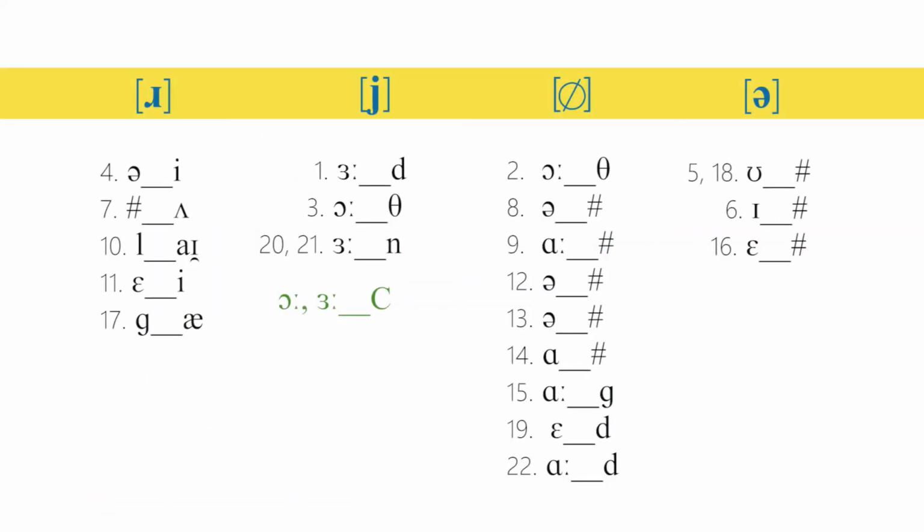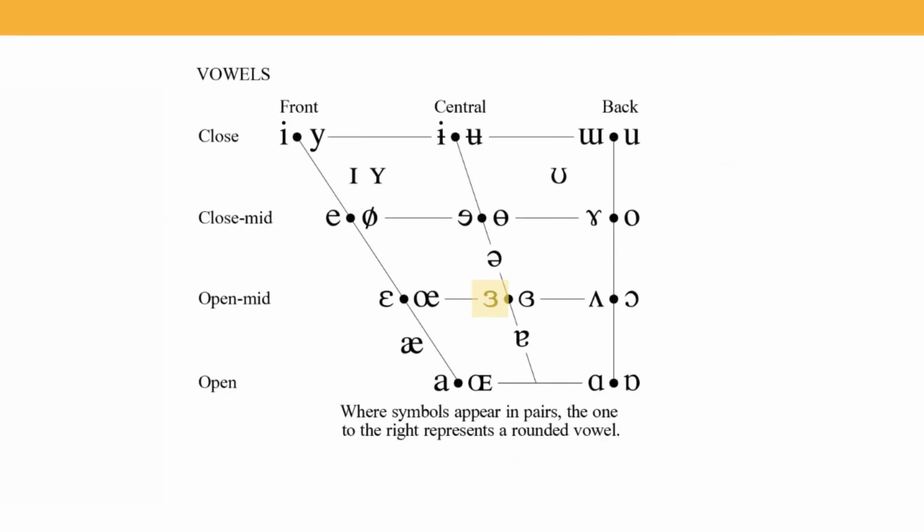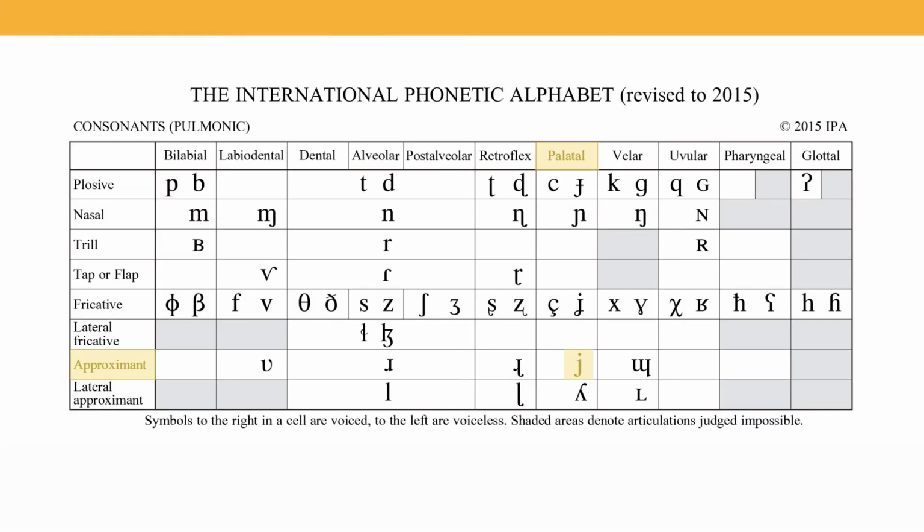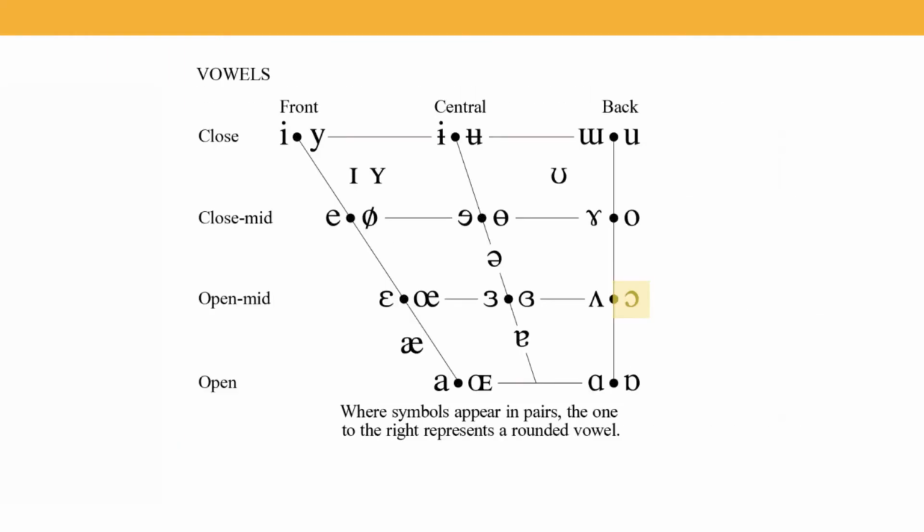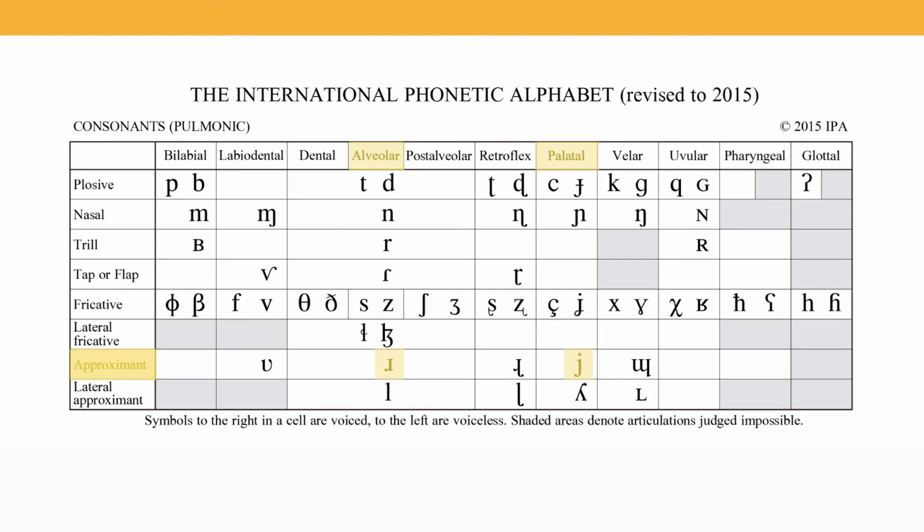What happens is, when the ra sound is preceded by these two vowels, you see the open mid unrounded central vowel, if it's followed by a consonant, he always pronounces it as the palatal approximant. If it's preceded by this vowel, which is an open mid rounded back vowel, he may or may not pronounce it as the palatal approximant.